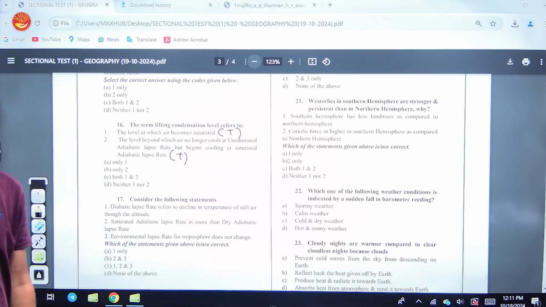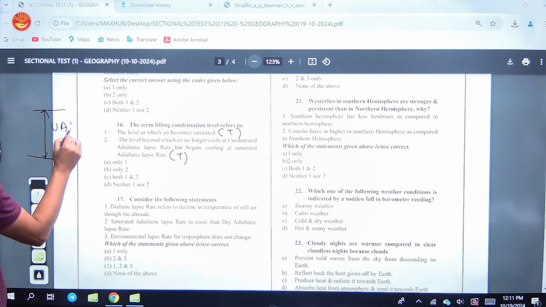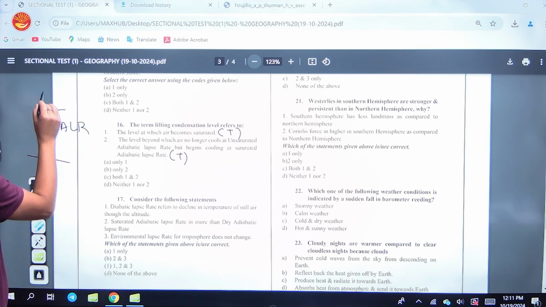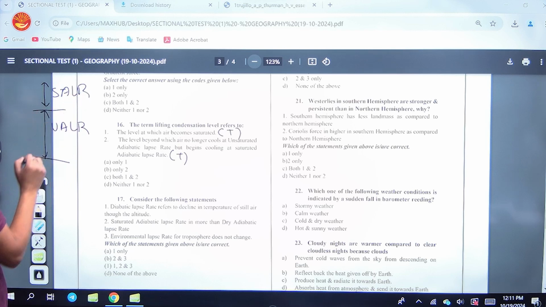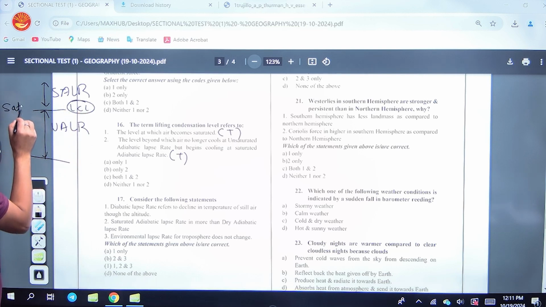Because at the lifting condensation level, if you remember, air from this to this is at the unsaturated adiabatic lapse rate. But beyond this, there is the saturated adiabatic lapse rate. At this particular point, the lifting condensation level, LCL, it becomes saturated.